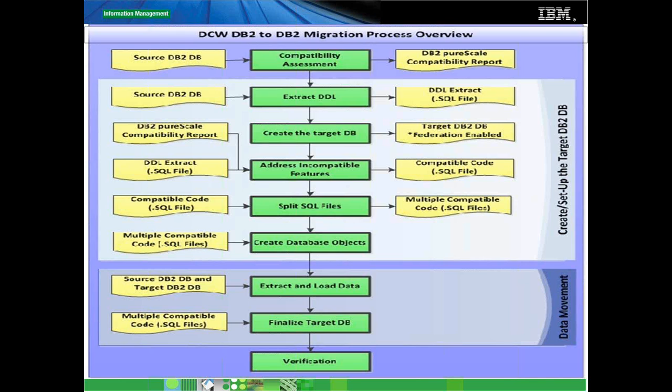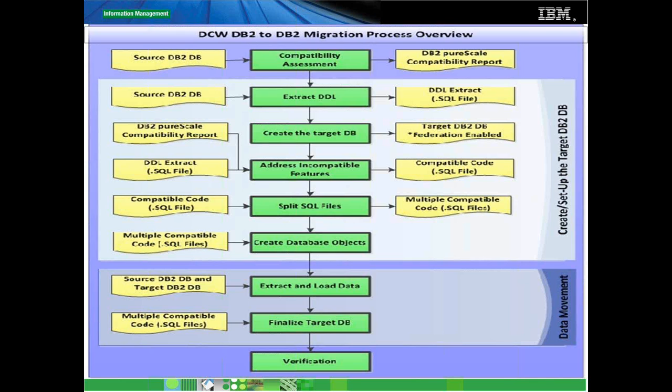But for moving from DB2 standalone to DB2 pureScale, there is a compatibility report and a compatibility assessment which is done. The compatibility report will tell you which features of the existing DB2 environment can also be run on a pureScale environment, because pureScale is a slightly different, more sophisticated environment, and not all the features supported in DB2 as of now are supported on DB2 pureScale.